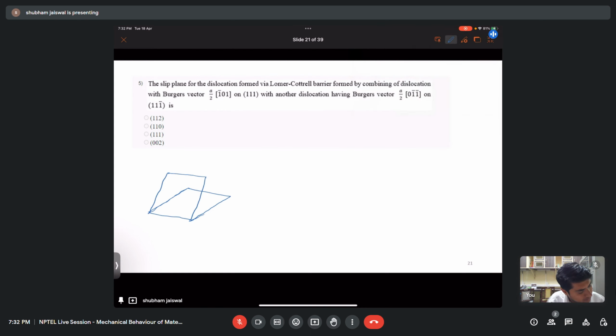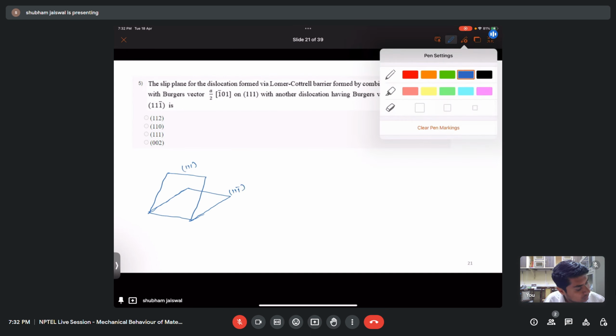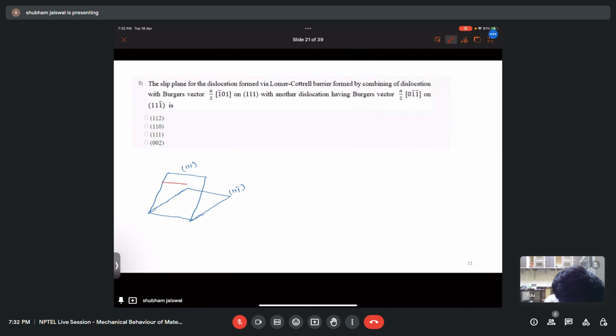So let's say this is my 1 1 1 plane and this is my 1 1 1 bar plane. On this I have one dislocation with a by 2 1 bar 0 1, and here I have another dislocation 2, that is a by 2 0 1 bar 1 bar.